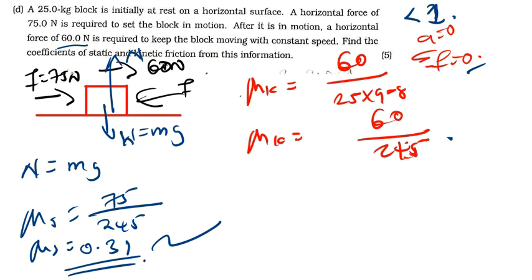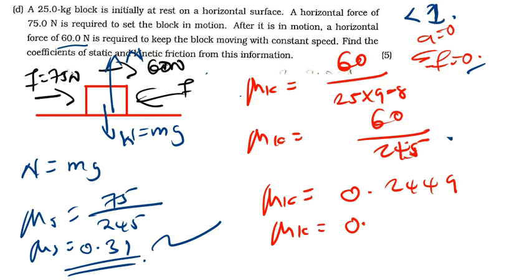Now we have the mu k being equal to 60 divided by 245, and I'm getting 0.2449. Should I round it off? No, I will just say it's 0.24. If you want, you can say 0.245.